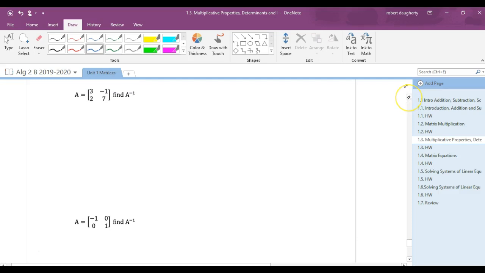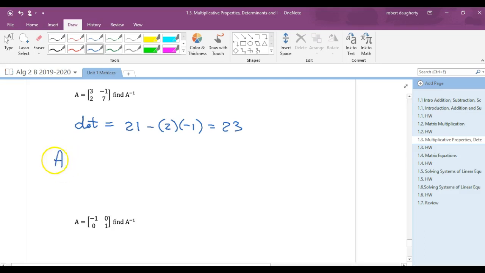So let's just make sure we're good on finding inverse. First step is to find what? Determinant. The determinant of this matrix is what? 21 minus what? 2 times negative 1? Is that right? So that's 21 plus 2, which is what? 23. Okay. So it's 21 minus negative 2, that's 23.